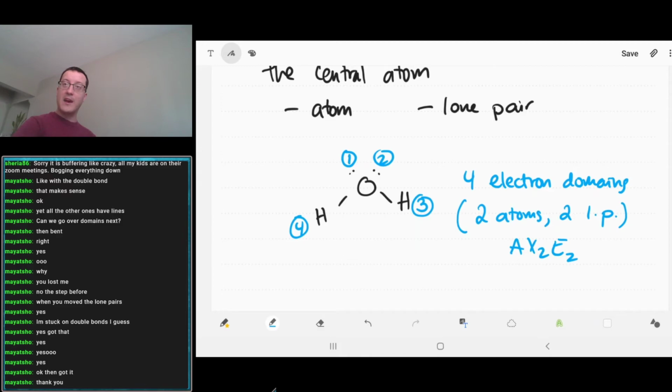When counting electron domains, this is one reason why it's important that we draw our lone pairs when we finish the structure: that's going to help determine its geometry.